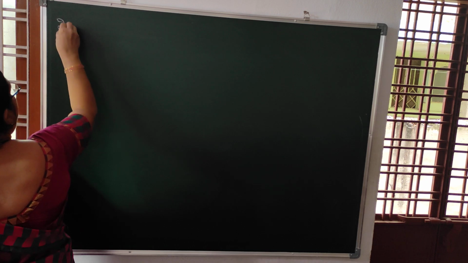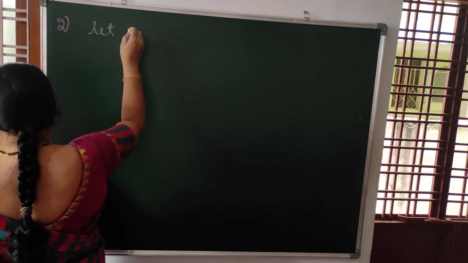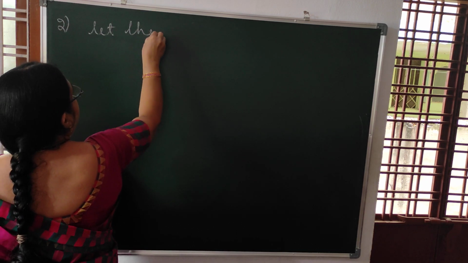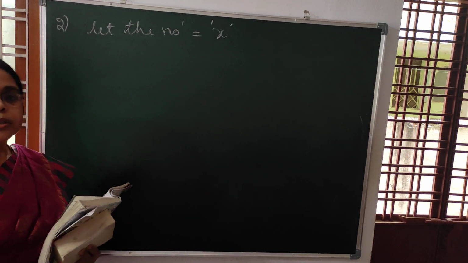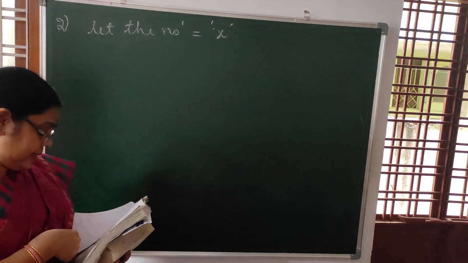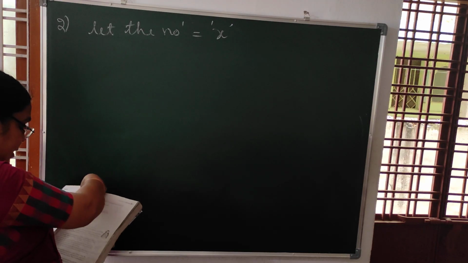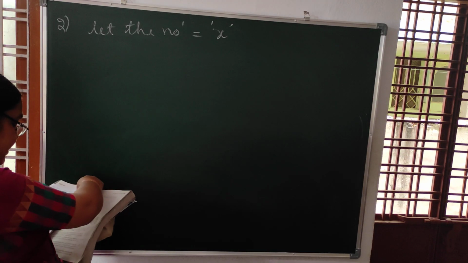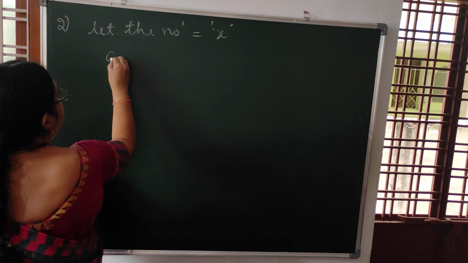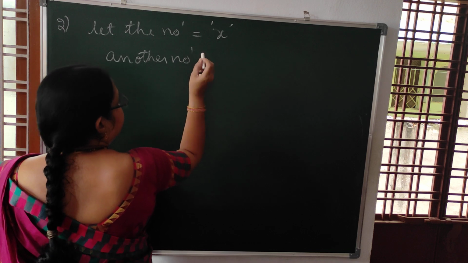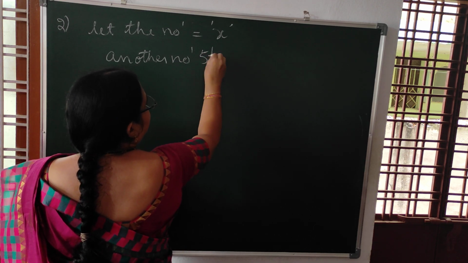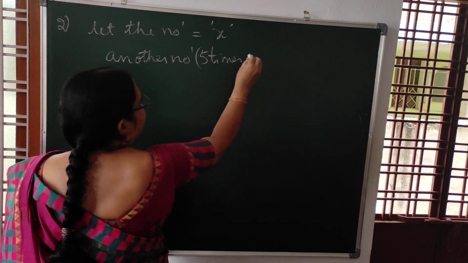So let that number be equal to x. You don't know what number that is. Then what is he saying here? The other number is 5 times that number. So the other number becomes what? 5 times the previous number.